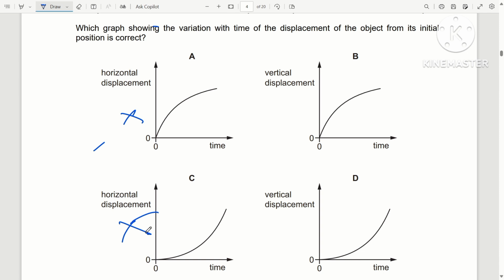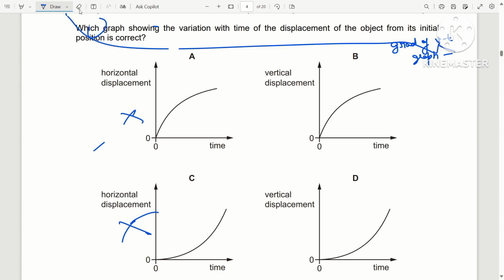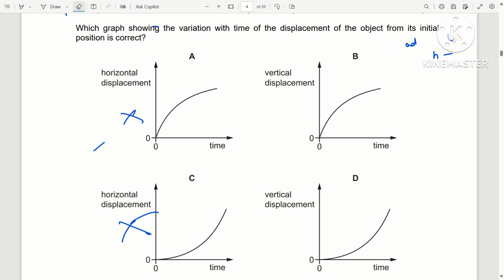And for B, if it is uniform acceleration, then its gradient should increase with time. A displacement time graph is given, and we know that the gradient of a displacement time graph represents velocity. So the gradient of the s-t graph is v, and if there is acceleration, it means v is increasing.